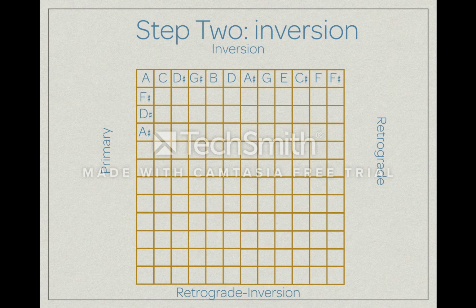Our primary row's next move from G sharp to B takes us up a minor third. So we need to descend a minor third in the inversion. Here's G. Watch now how we get from B to D in the primary row.